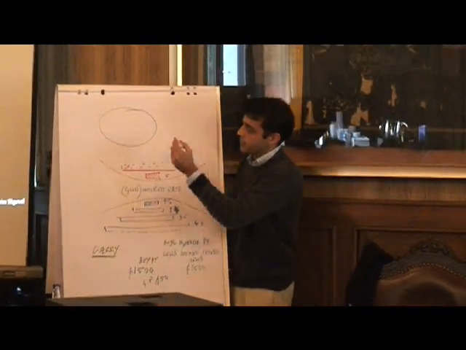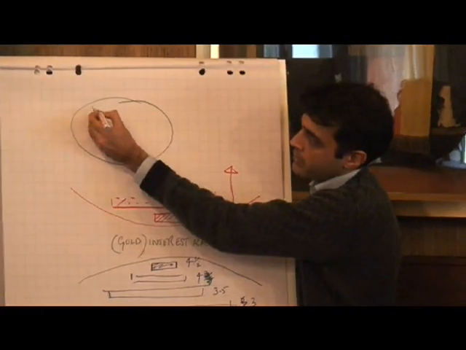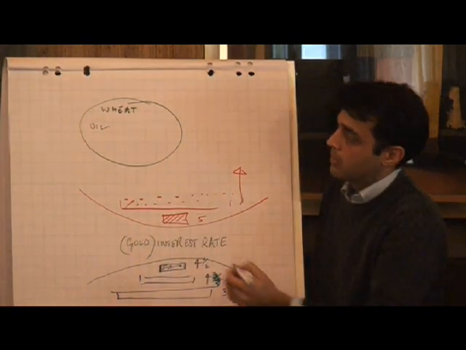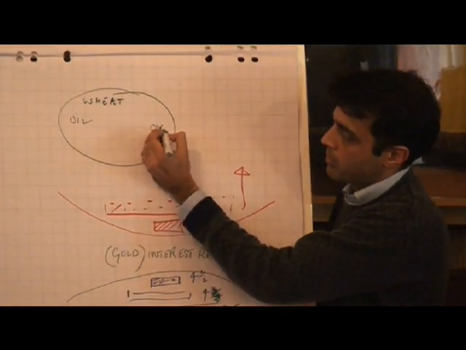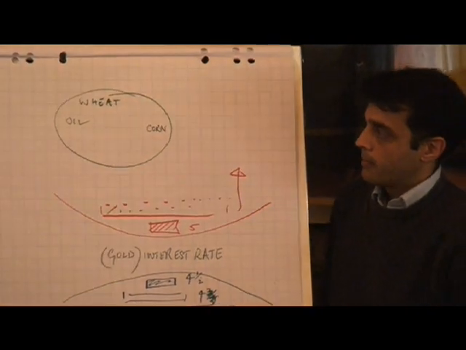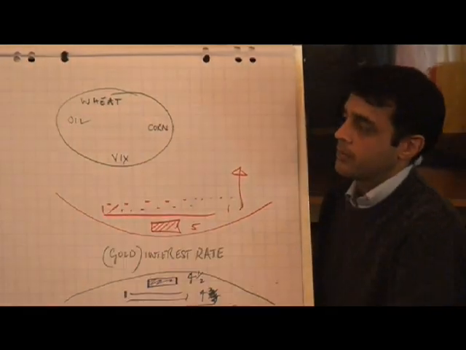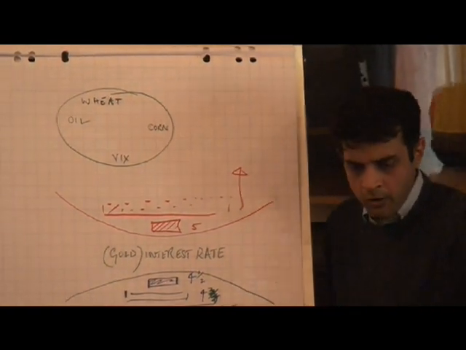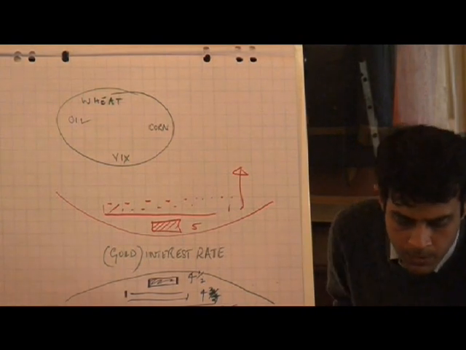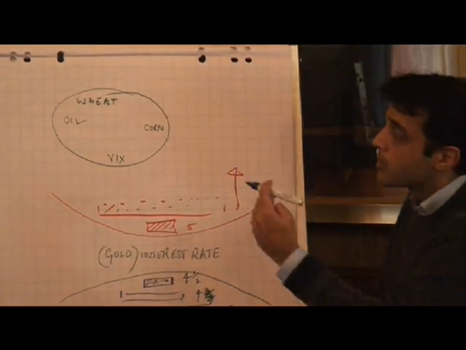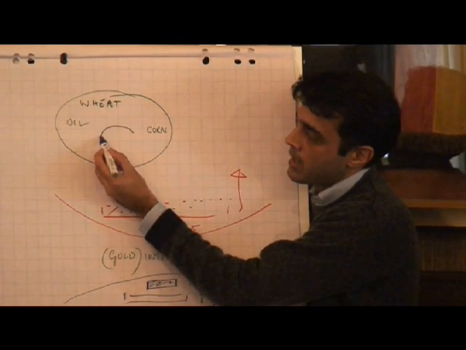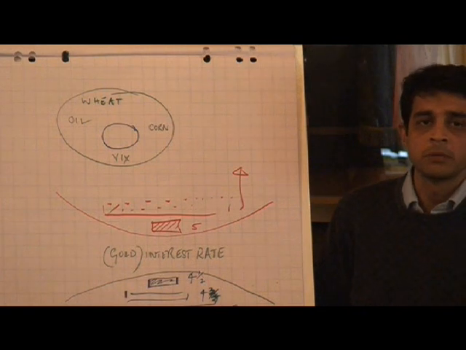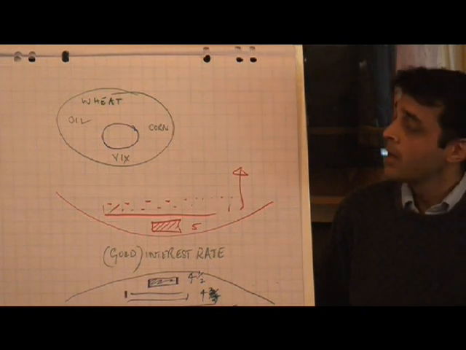So here you would have, let's say, wheat, oil, corn, VIX, that's the volatility index. And the subset of the things which can have a futures market attached to them, which are lendable, or where there is a lending and leasing market, is much, much smaller.